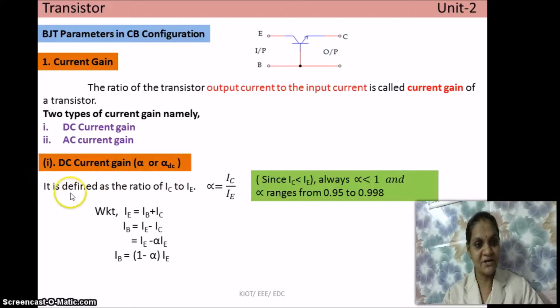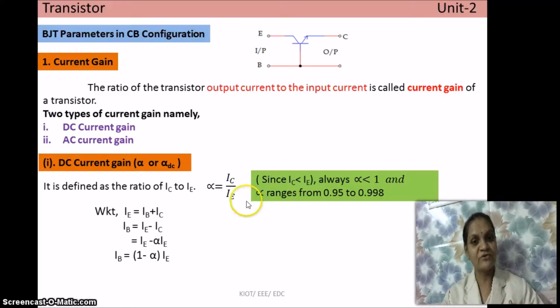As I already told you, it is defined as the ratio of collector current to emitter current, because collector current is the output current and emitter current is the input current. So alpha is equal to IC by IE. As we already discussed, the emitter is the supplier of charge carriers. It supplies charge carriers to the base and the collector.